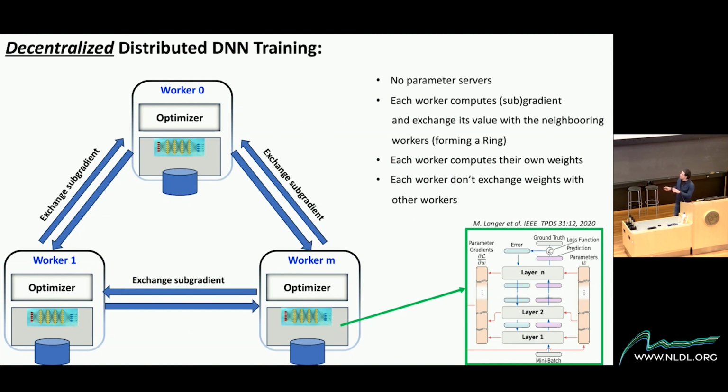What is important here is that all the workers interact with each other. That's one thing. Another thing is that they will not have the same weights as in the centralized architecture, where they all get the total gradient and the weights from the server. Here, each worker will have their own weights, because each worker operates on a different set of data.